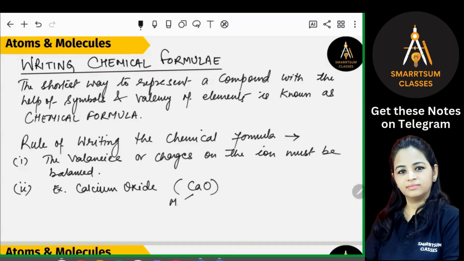So this is metal and this is non-metal. In this way we will write. Similarly, sodium chloride, NaCl. We are writing the symbol for Na first, which is a metal, and then chlorine, which is a non-metal after this. So in this way we need to write, okay?